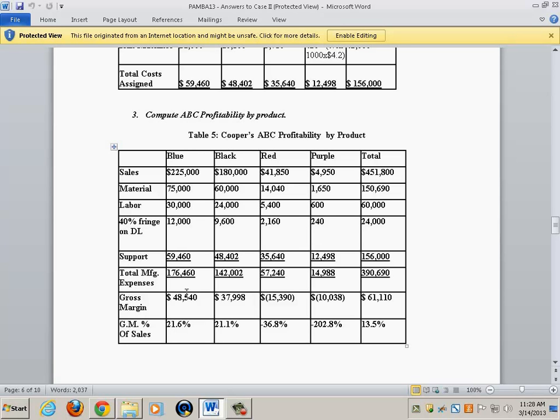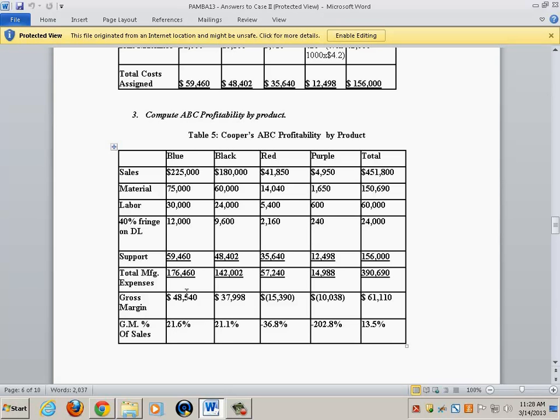So all you have to do is to plug the new cost sales as did earlier, material, direct labor, which costs 40% of direct labor, so you 40 the numbers here.